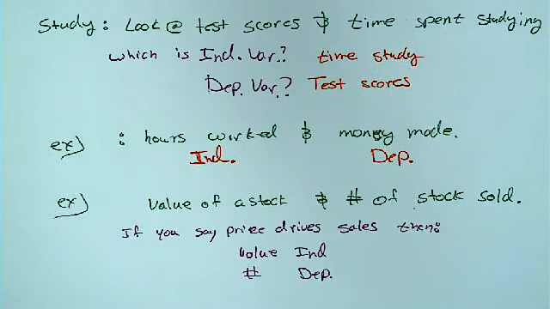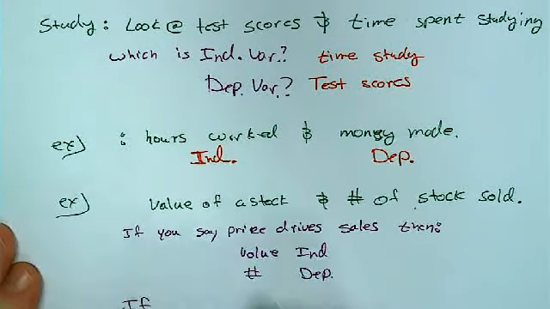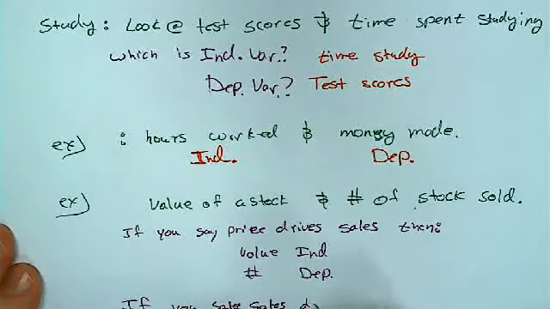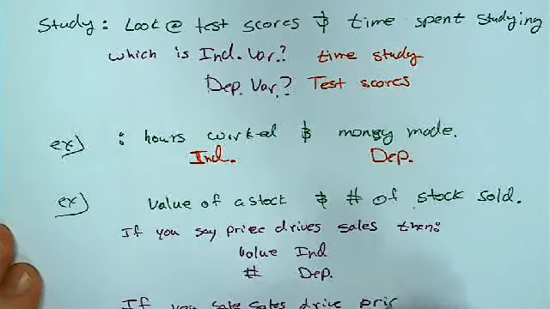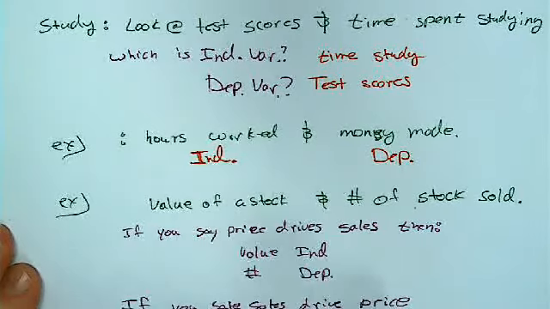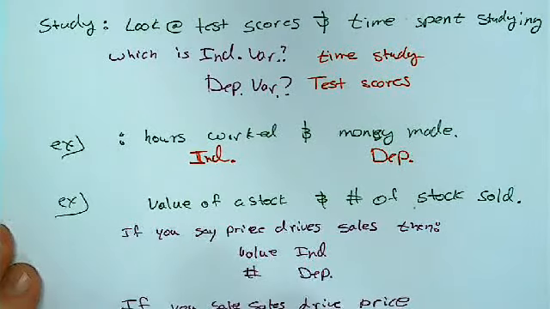Because it must be popular. If you say sales drives price, then the value becomes my dependent variable, and the number sold is my independent.